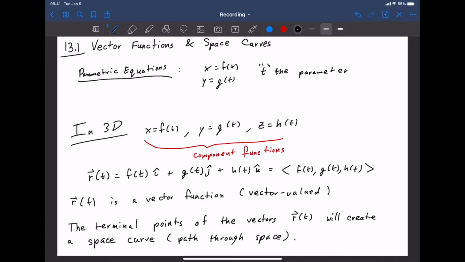We're going to talk much more about surfaces in chapter 14. You saw some surfaces like cylinders and more complicated surfaces in chapter 12. Chapter 13 is just showing you a different kind of thing that can happen in 3D, where we're not talking about a surface, we're talking about a path, a space curve. So we're not talking about something that has width and breadth like a sheet of paper. A line will be an example of this, you'll see. Or we're talking about a curve. I'll draw a picture on the next slide. Not a surface. The curves we can say lie on surfaces, but they're not going to be surfaces themselves.